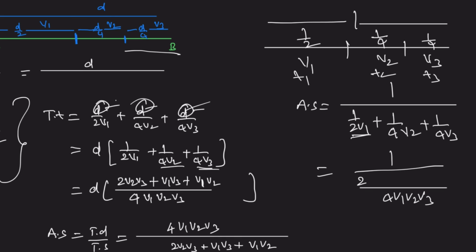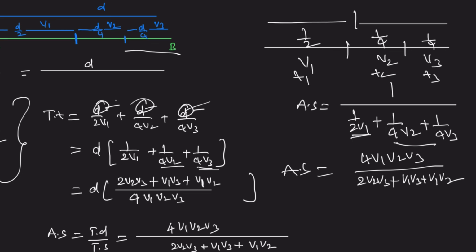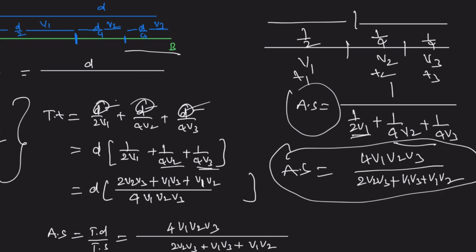That is 2 V2 V3. Next, so we get here V1 V3 plus V1 V2. So this goes to the numerator. So that is 4 V1 V2 V3. So this is our speed. Just take only 2 steps. First step, this is one, and this is the second step. Then directly you write this formula.